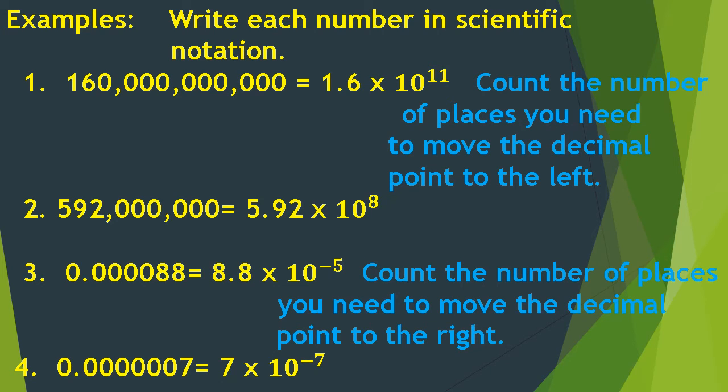So if we are going to write in scientific notation, it becomes 7 times 10 to the negative 7th power. So we need to count the number of places. So there are 7 places to move the decimal point to the right. So it becomes 7 times 10 to the negative 7th power.